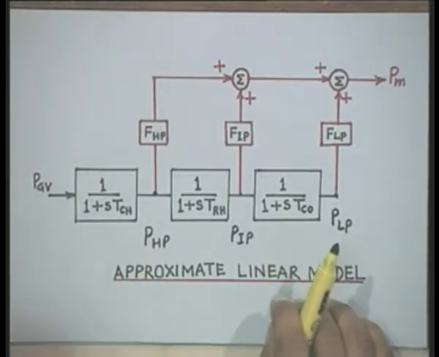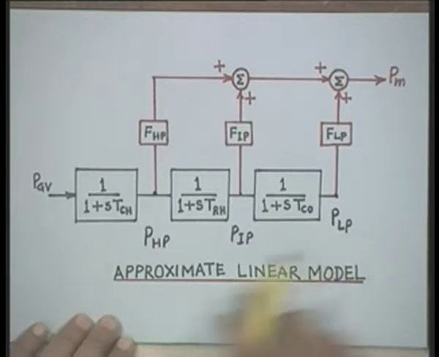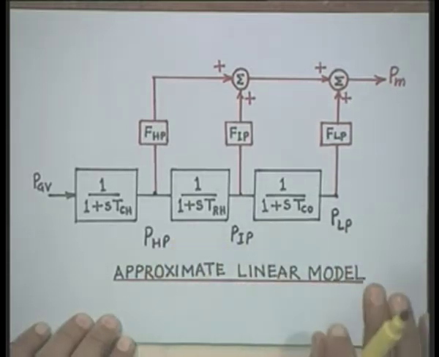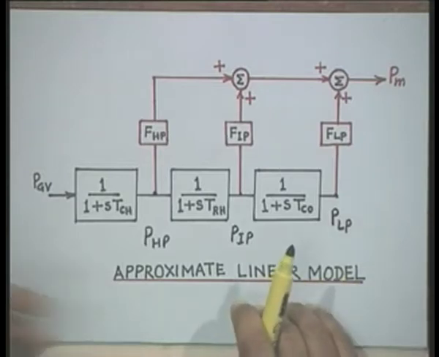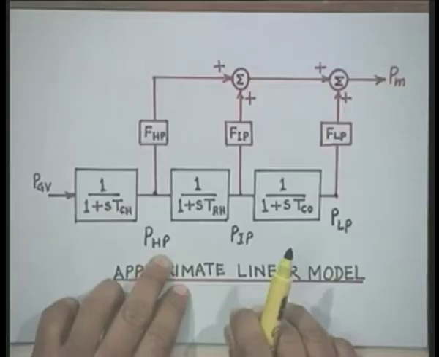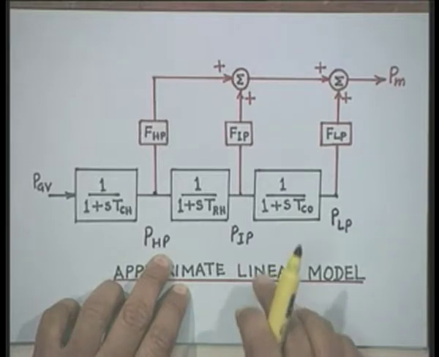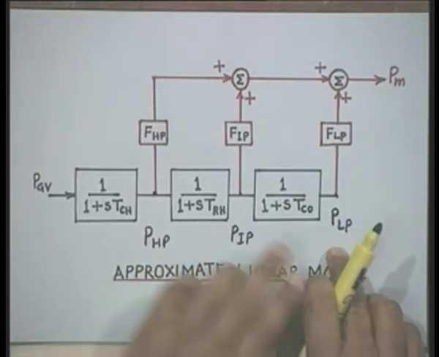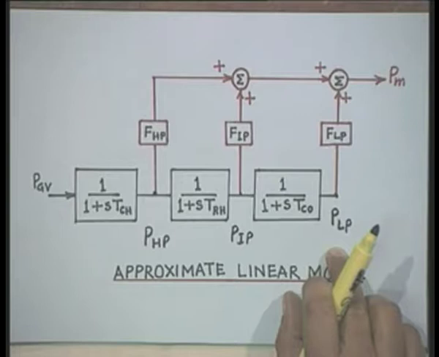But when I am writing the complete nonlinear model, these quantities as they are become the state variables, and therefore we will require the initial values to solve the problem. Whenever I want to solve the stability problem, I should know the initial value of PHP, the initial value of PIP and the initial value of PLP. They are my state variables. Any doubt?